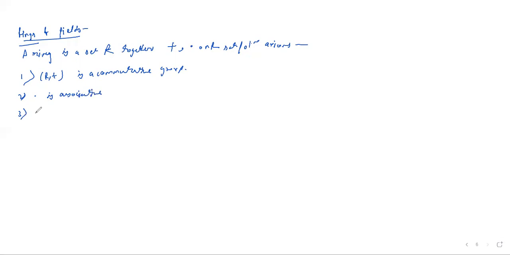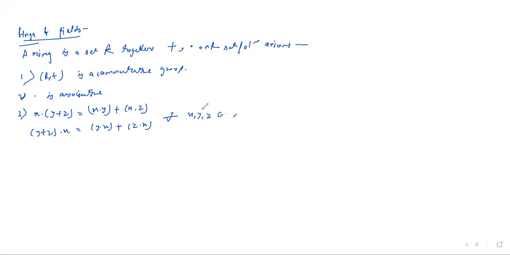And the third one is the distributive law, which is x dot (y plus z) equals x dot y plus x dot z. It can also be written as (y plus z) dot x equals y dot x plus z dot x for all x, y, z belonging to R.